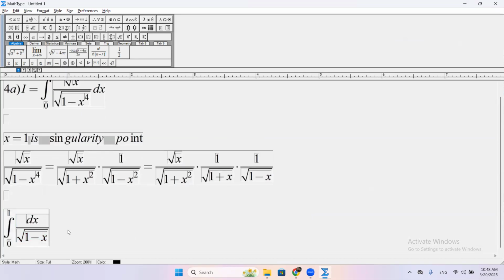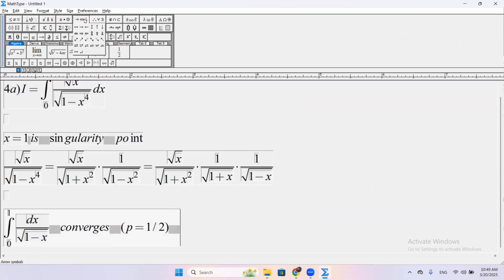And we know that this integral actually converges because of p, because p equals 1/2. Therefore, integral I also converges.